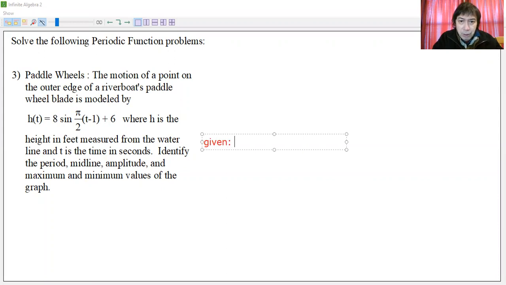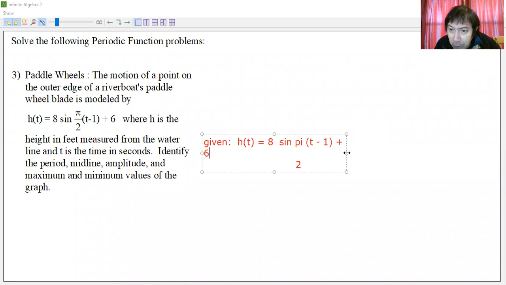The given equation is h of t equals 8 times sine of pi over 2 times the quantity t minus 1, plus 6. Okay, we shall elongate it there, so the 6 will be there, and this has a divide like a fraction.